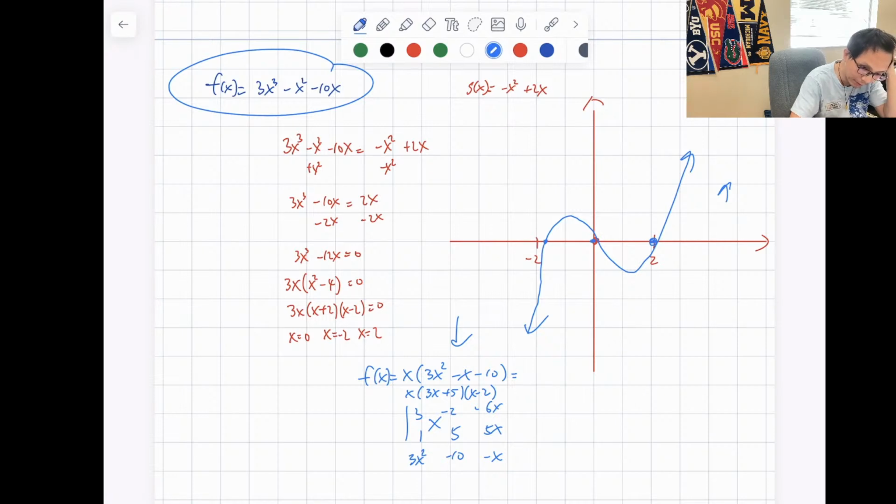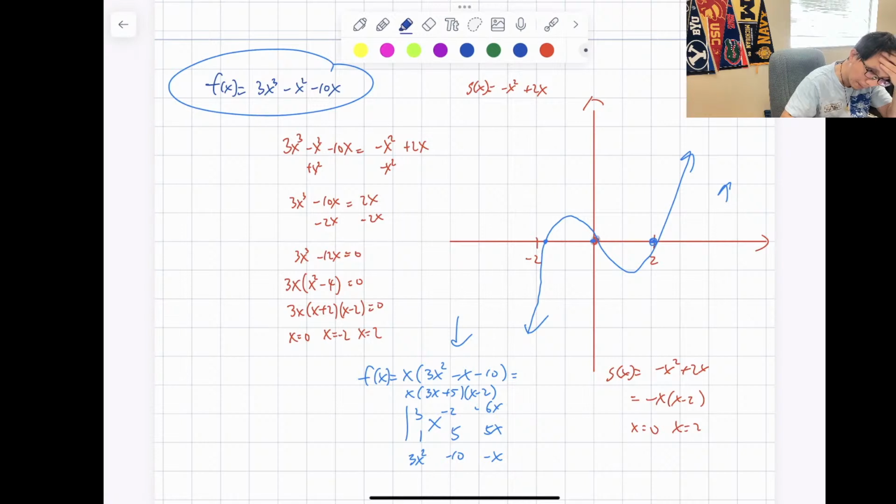How do I graph the other one? Well, g of x equals negative x squared plus 2x. I can take out negative x, x minus 2, x equal to 0, x equal to 2. So those are two intersections right here. And this parabola is facing down.